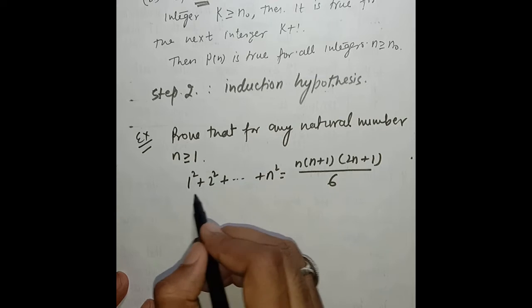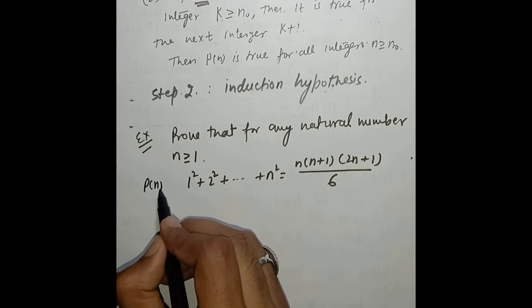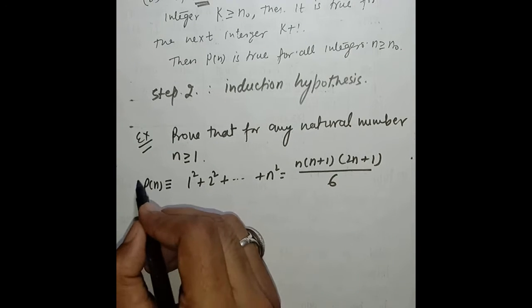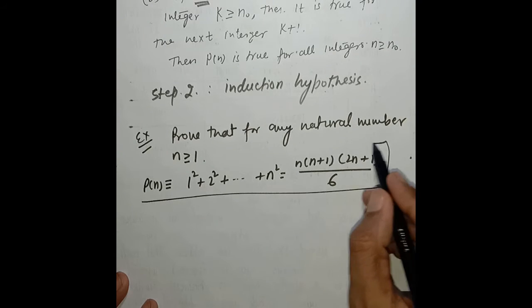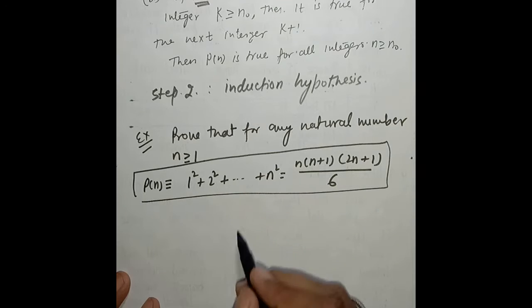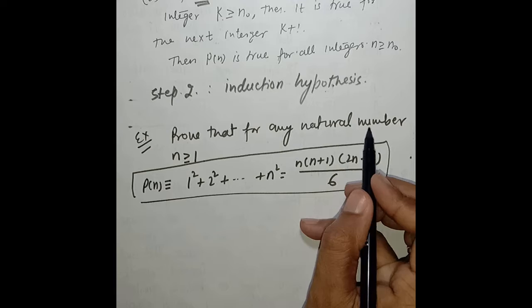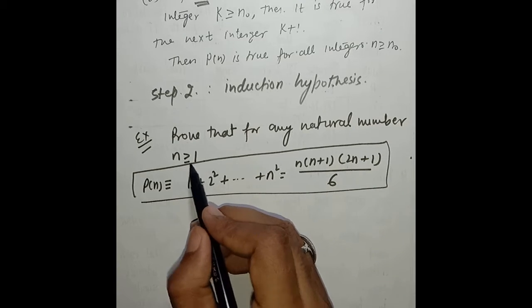So the given statement is this P(n), and we'll have to prove it is true for all natural numbers greater than or equal to 1.